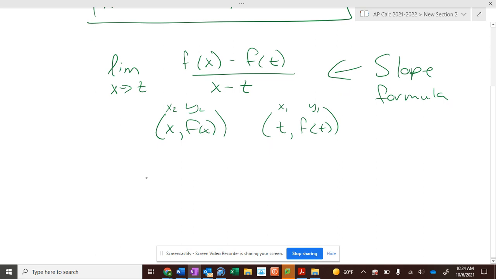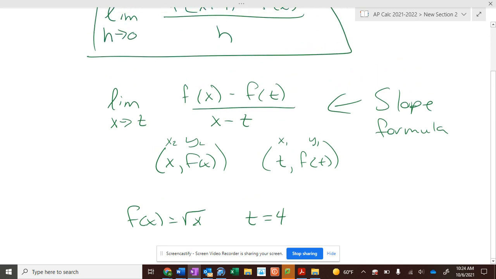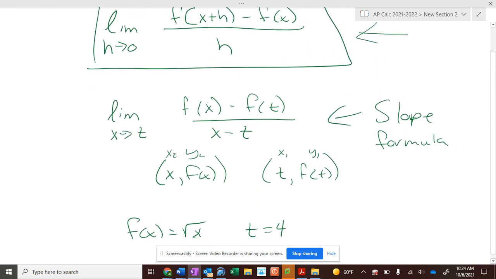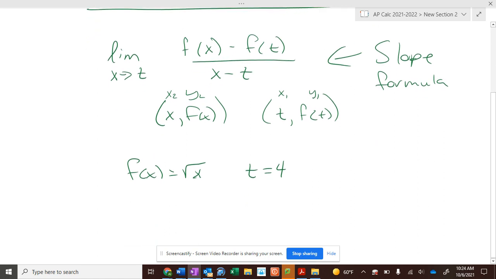So he has on one of his problems f of x equals square root of x and t equals 4. Find the appropriate expression. Well, there's not enough information to do this one, so we've got to use the slope formula.